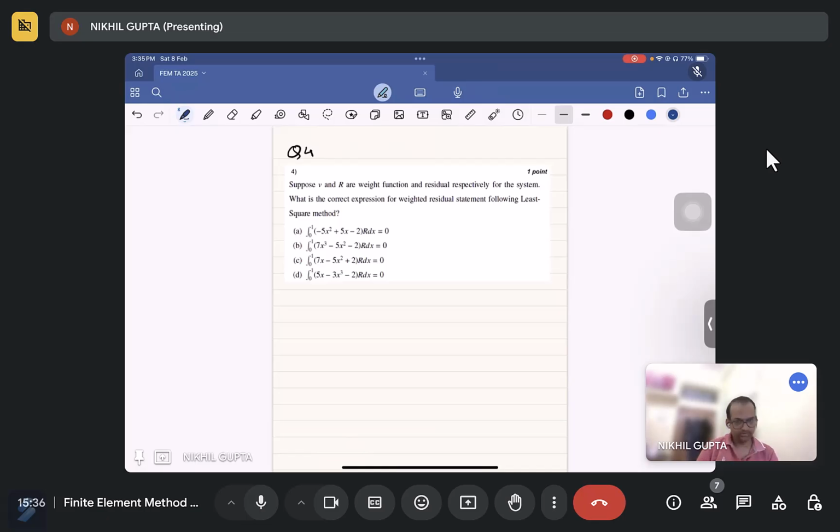Yes, that is the square of the residual over the region. Correct.